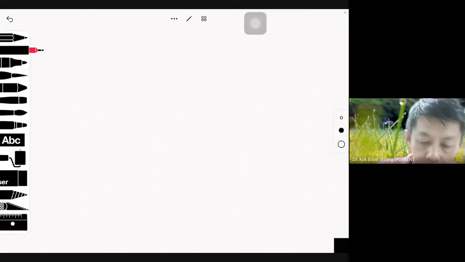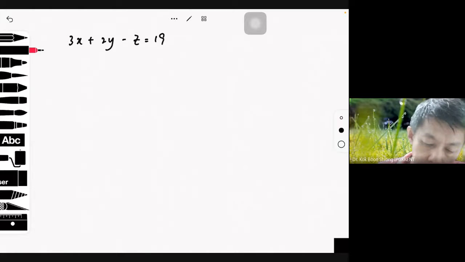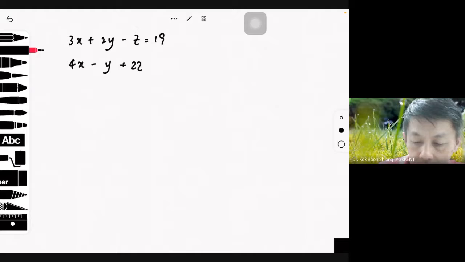Okay, three variables. Let's say we have three variables. 3x plus 2y minus z equals 19. 4x minus y plus 2z equals 4. 2x plus 4y minus 5z equals 32.